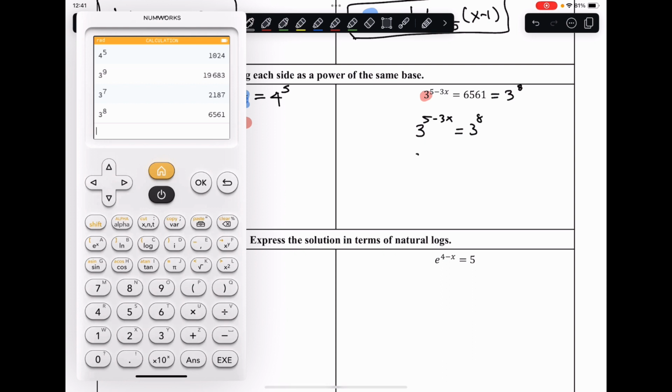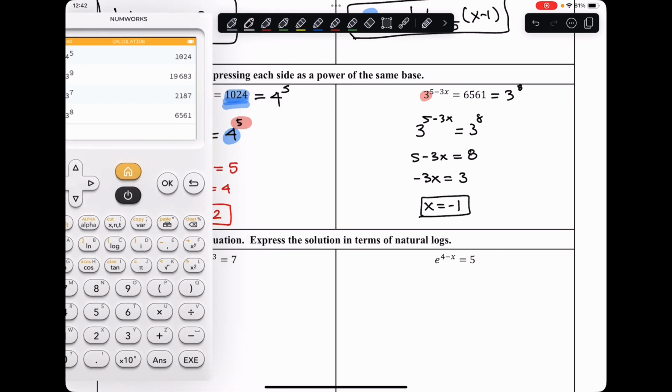So that means here that 5 minus 3x equals 8. So to solve this equation, we'll subtract the 5 from both sides. We'll divide by -3, and x equals -1. And there is your solution.